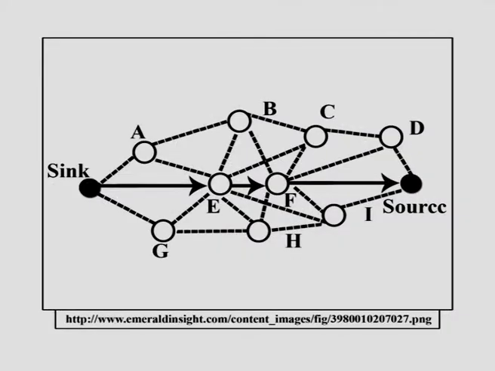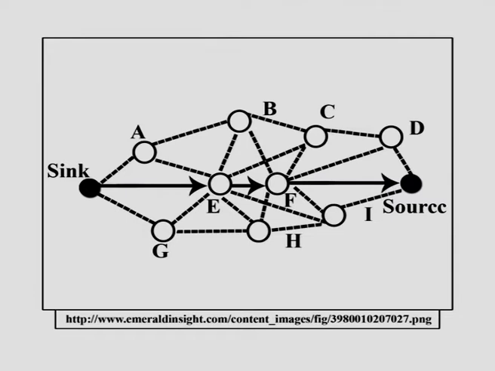Let us first discuss shortest path routing. It is a simple and widely used routing algorithm. The idea behind shortest path is to build a graph of the subnet with each node of the graph representing a router and each arc representing a communication link, as shown on the screen.